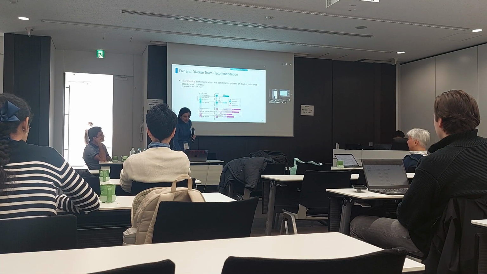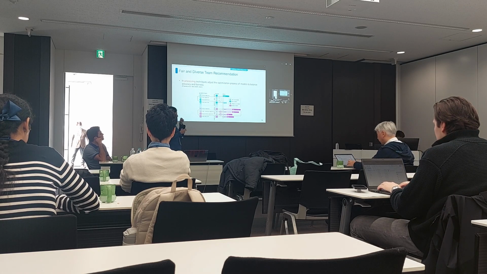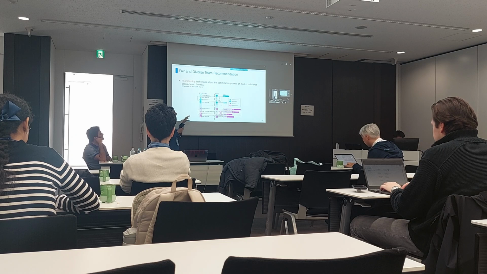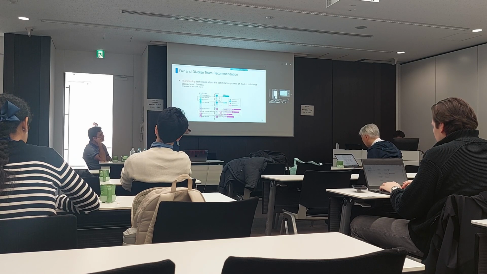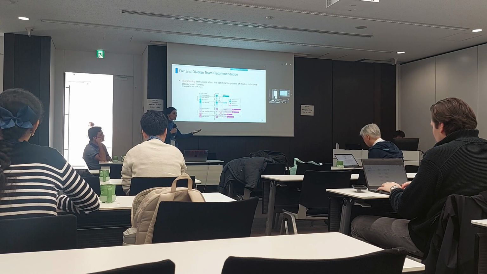And in-processing methods try to modify the loss function so that, during the process of recommending, the output would be fair.